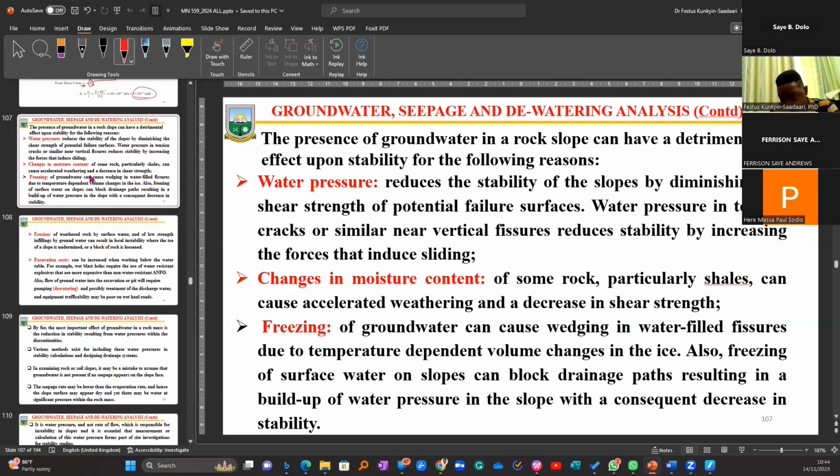Having been able to know this, how does groundwater affect us? The water pressure in any given rock material or soil material can affect the stability of slopes by diminishing the shear strength. We explained that shear strength is more or less about the rock's ability to resist sliding.